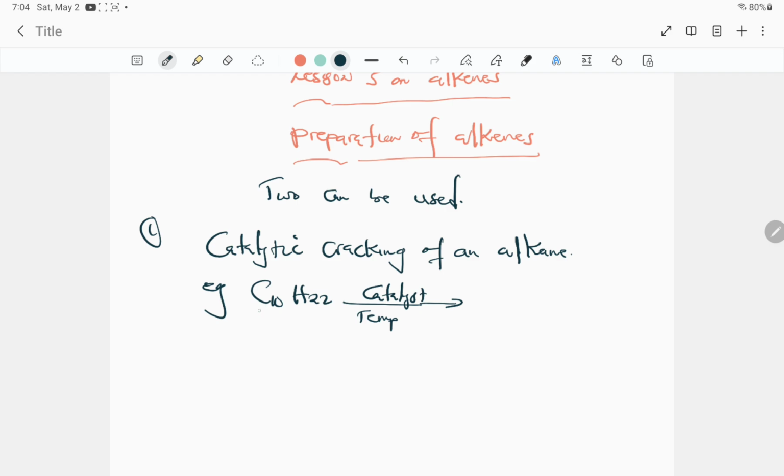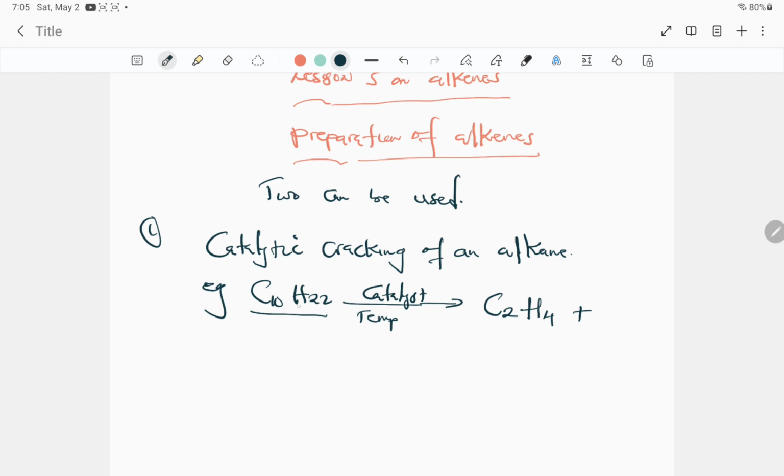Whenever we are changing an alkane to form alkenes, we'll produce a simple alkene, which is ethene, C2H4. Look at what we have here and what we are producing. Remember that you need to balance whatever you're going to produce from this large compound.